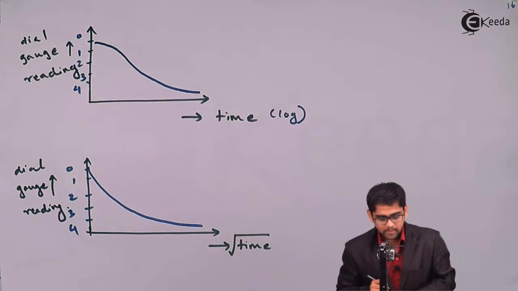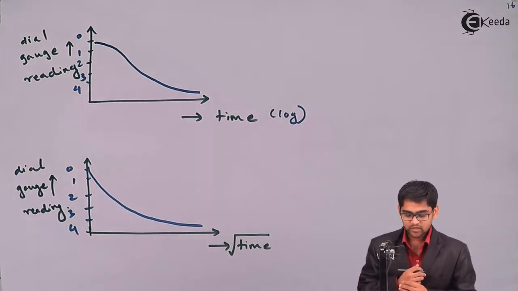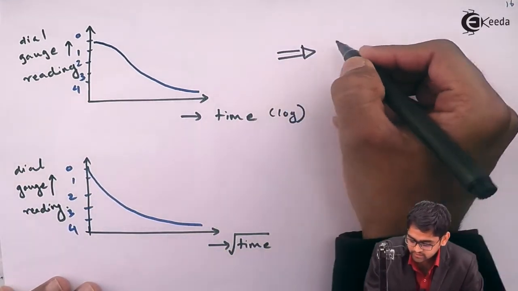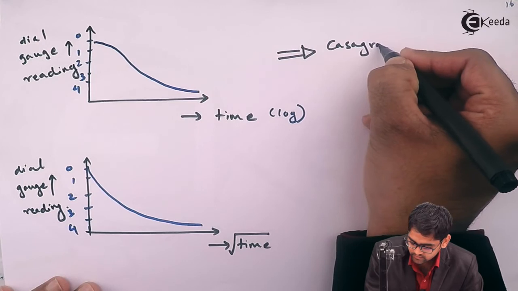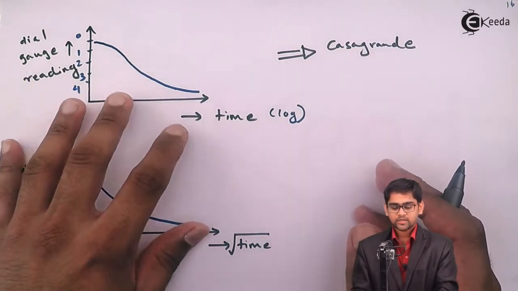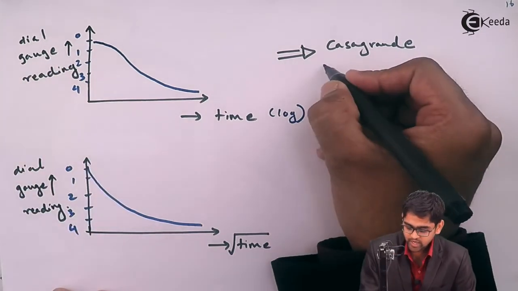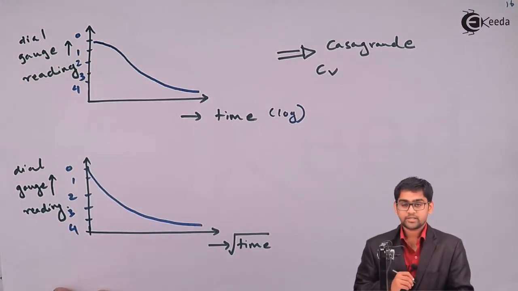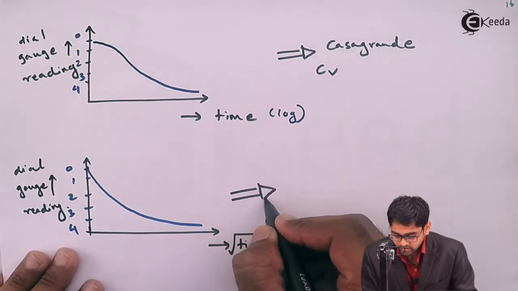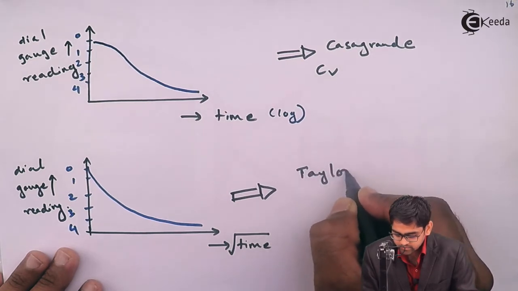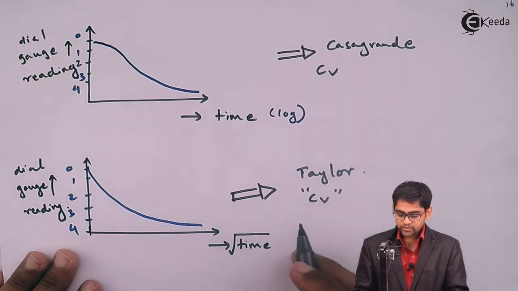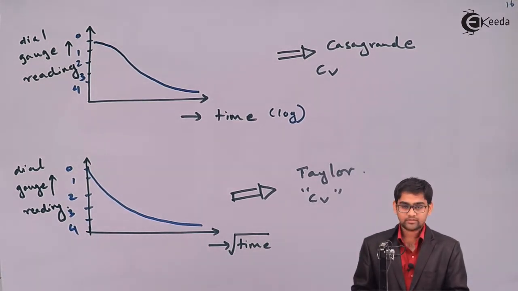Based on this particular consolidation curve, this curve is more emphasized by Casagrande. From this curve, he told a procedure to calculate the coefficient of consolidation, a graphical procedure, I am calling it. Also from this curve, Taylor emphasized and again gave a graphical procedure to calculate the coefficient of consolidation of the soil.